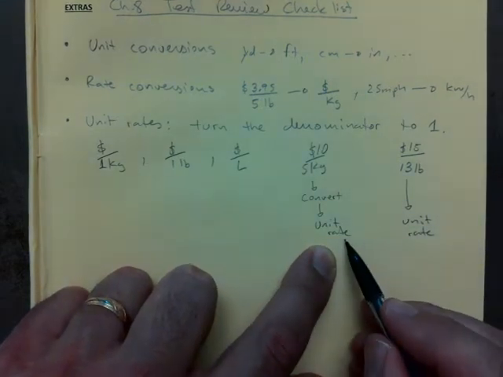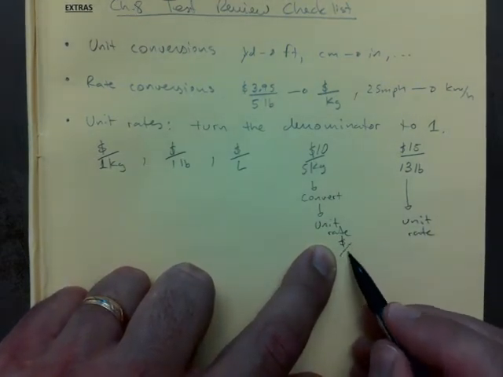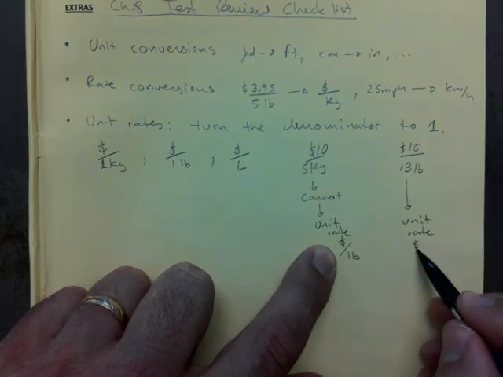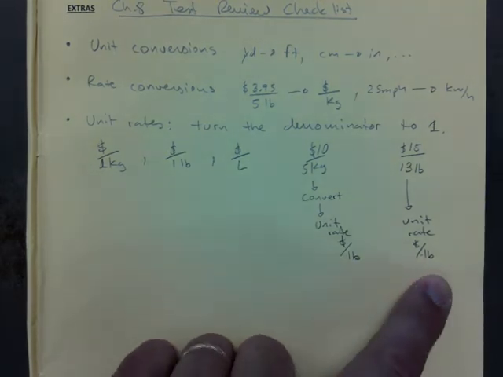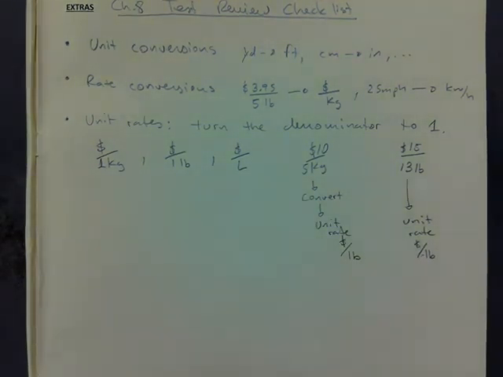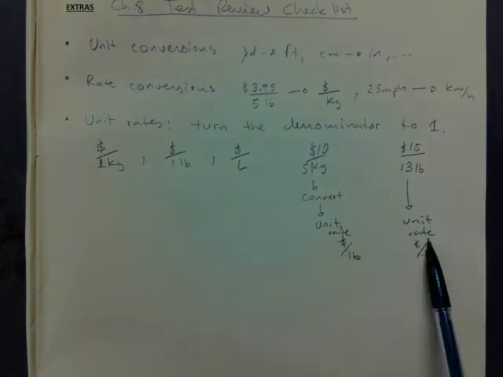So when you have them both dollars per pound, then you can actually compare and say which one is the best. And this scenario would be the lowest. Whichever one is less dollars per pound is the winner.